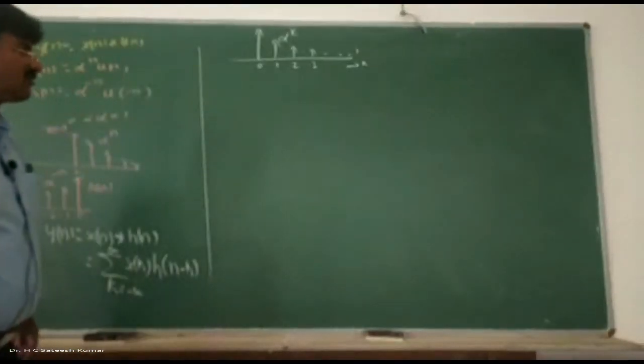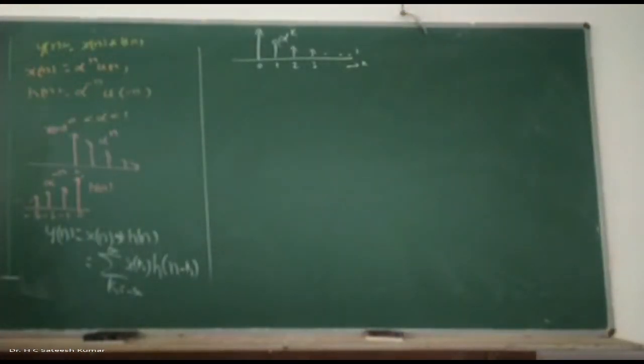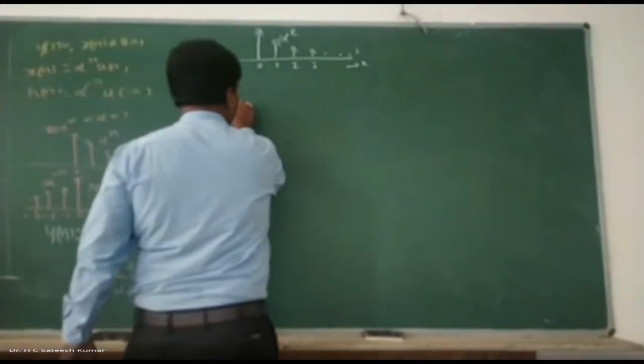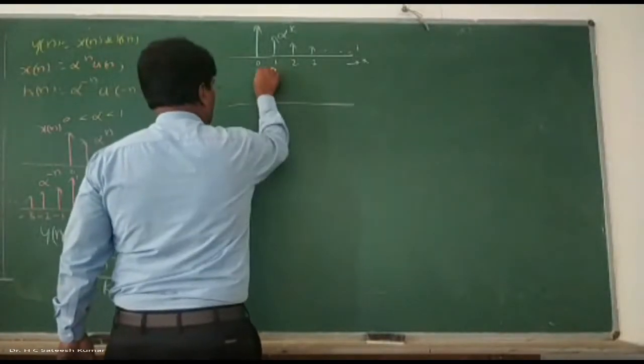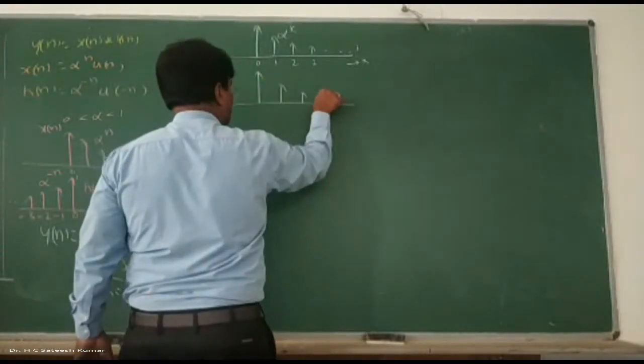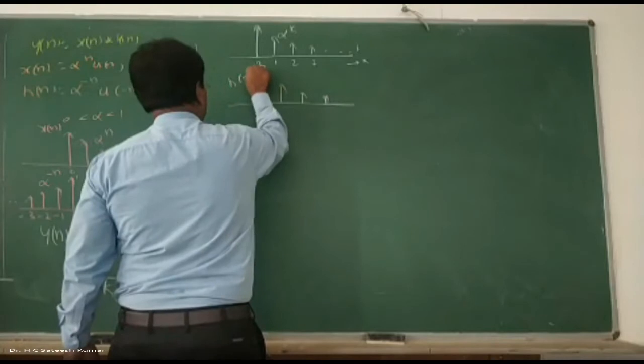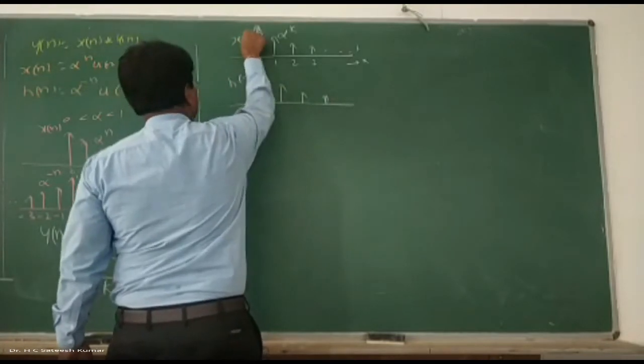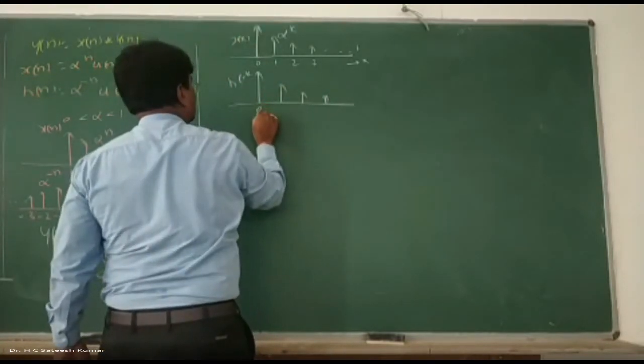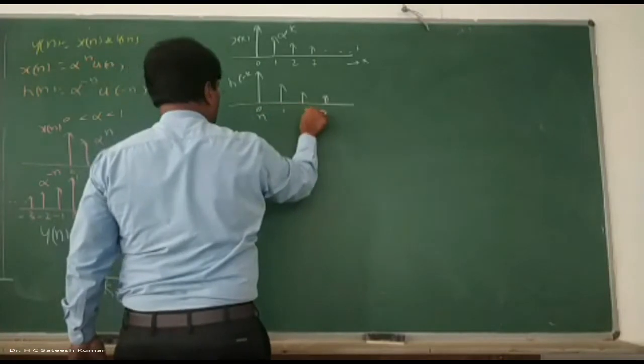Then h of minus k means now we have to fold this side. Don't write anything here, just write h of minus k. This is your x of k. The zeroth value is at n. Carefully, you should shift it here.